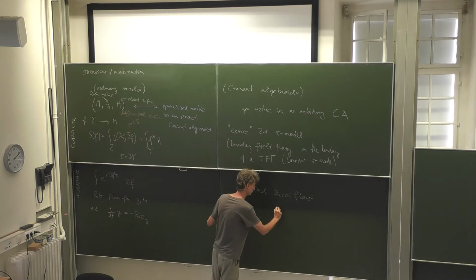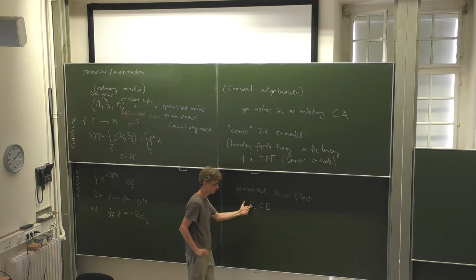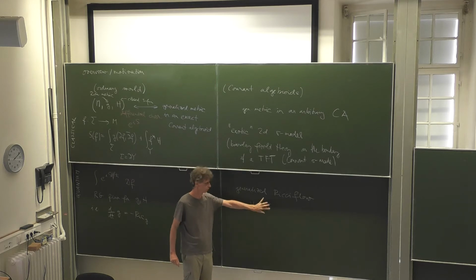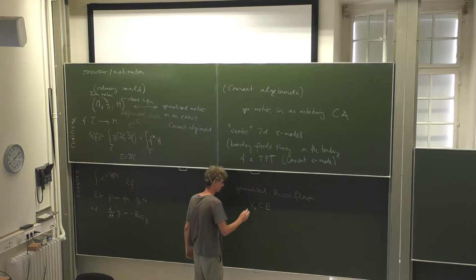I didn't tell you what a Courant algebroid is. It will happen later, but it is some vector bundle, and the generalized metric is a sub-bundle of that vector bundle, and it is this V plus which is going to move. So this E is fixed, but V plus, as it sits inside of E, is going to move with the scale. So this guy is going to flow.